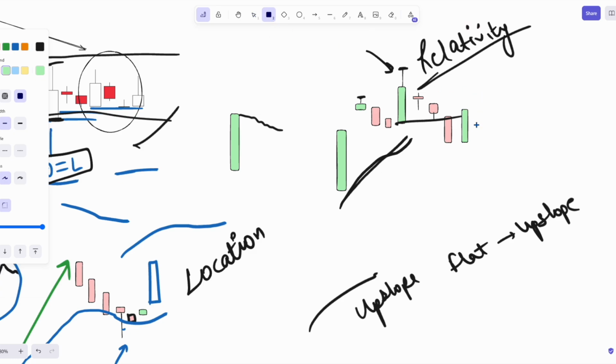And then probably you will see the same pattern repeating again here, which this time will work. And why will that happen? Because now you are part of the contraction. Now the job of this green candle will be to make the moving average upslope, or from downslope to a little flat. That's what it'll do.